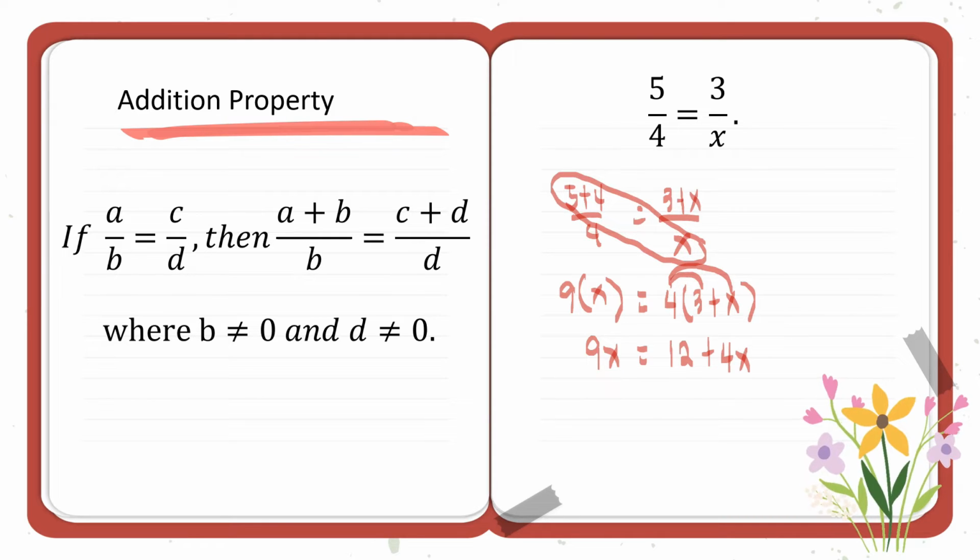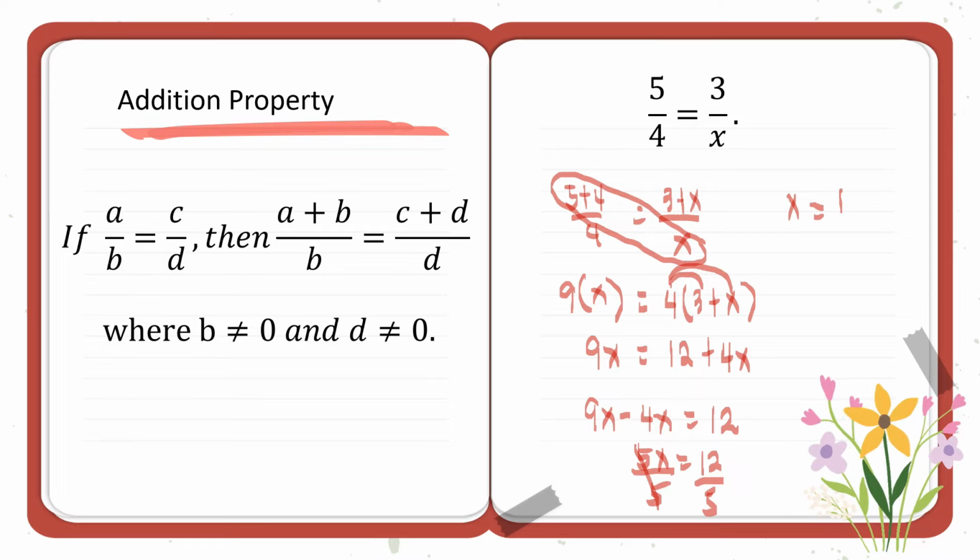By the addition property of equality, we get 9x, positive 4x becomes negative 4x, equals 12. And 9x minus 4x is 5x equals 12. So, to solve for x, we divide both sides by 5. So, therefore, we get x equals 12 over 5.